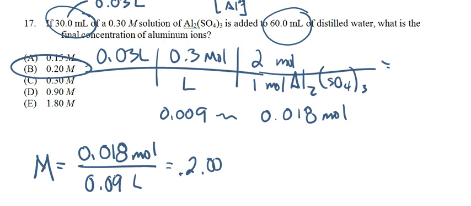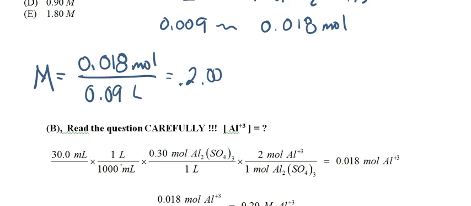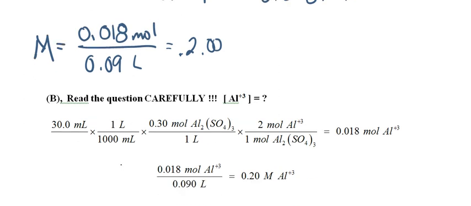Huh, okay, thought it was 2 molar. Maybe I did something goofy there. 0.018. How's that 0.2? Oh, I see, my bad. It would need to be 0.1 and 0.9. Got it. All right.